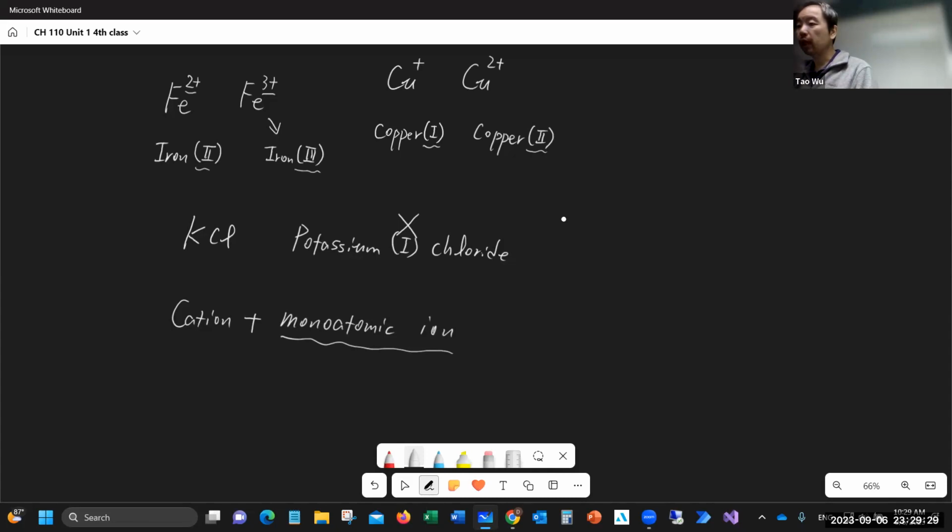So when we name those monoatomic ions, it is always the name of the element, and then you probably need to take off some of the ending, then add the ending IDE.